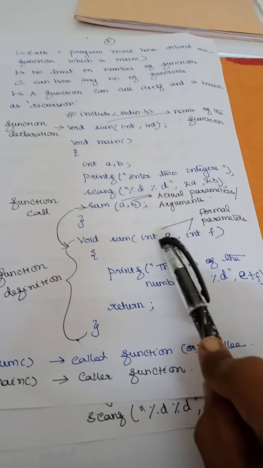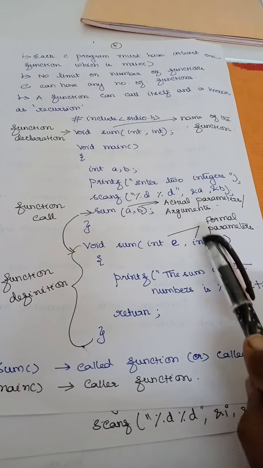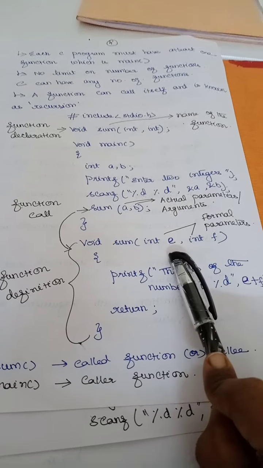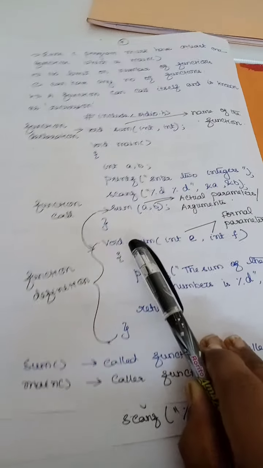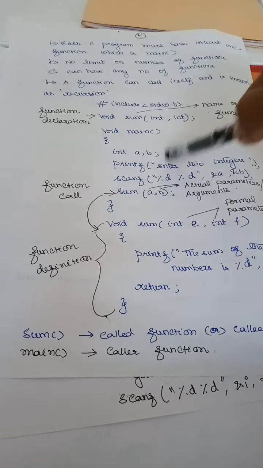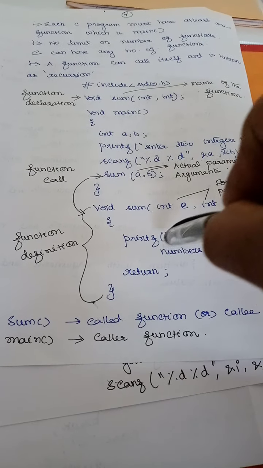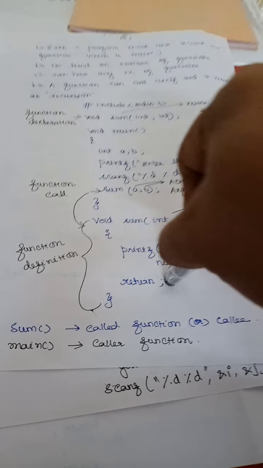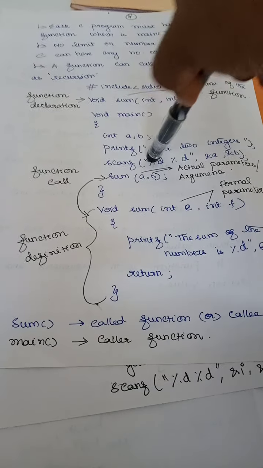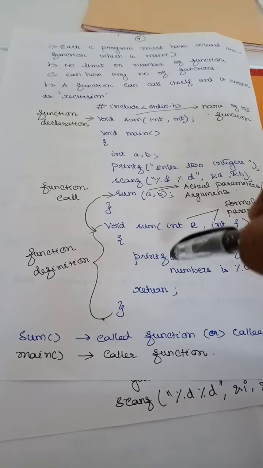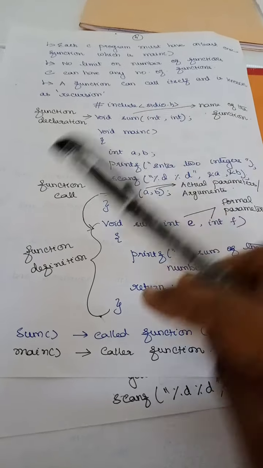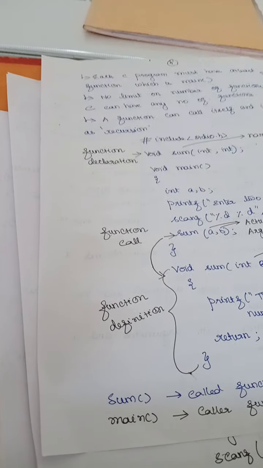Whatever variables you are using in the function, you will call those formal parameters. And this you will call a caller, and this you are going to call a called function or callee. So this is a caller. From here only I am calling the function sum. So this is a called function, or I can also call it callee. Clear? Right.